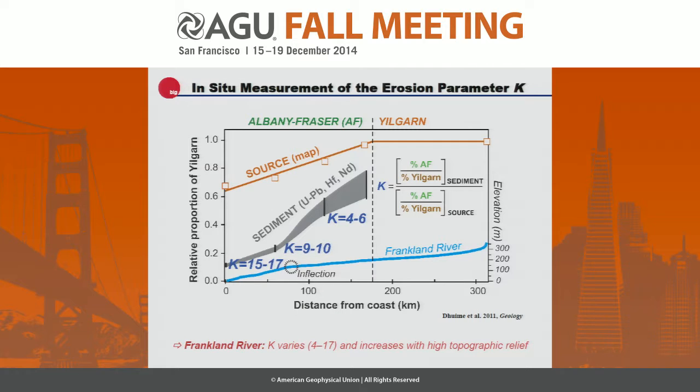And the greater the deviation to the source, the greater the parameter K is. What you can see here is that the parameter increases with the river profile, and there is an important increase after you pass an inflection point in the river profile. So when the topographic relief becomes higher, the value of K is greater as well.